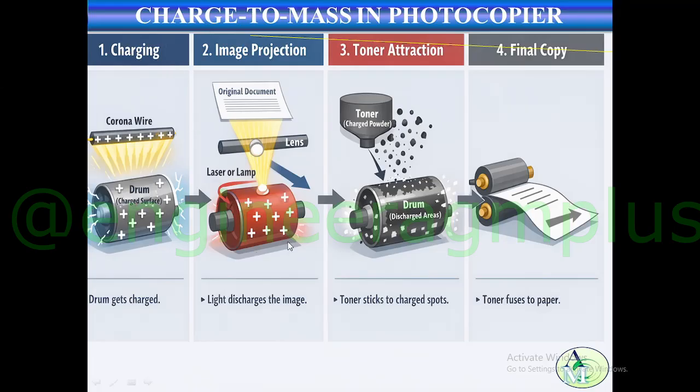The light from the lens discharges the image, and the toner sticks to the charged particles, since charged particles are attracted due to their opposite nature, that is, opposite charges attract while like charges repel. Afterwards, the toner fuses to the paper to make a permanent written image on the paper, one after the other.